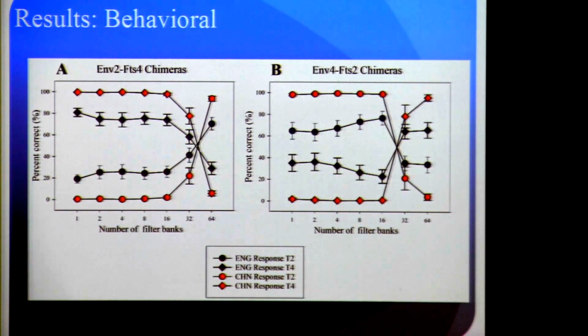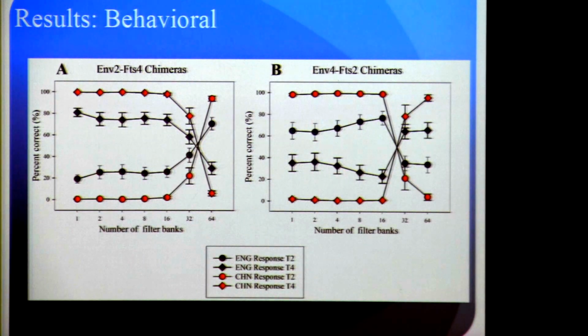Regarding the language background factor, there was a significant difference between the Chinese and the American participants. And you can see that if we look across both sets of chimeras. Our Chinese participants are shown in red. Up until about 16 filter banks, they answered 100% of the time, either that's E2 or that's E4. Our American participants, shown in blue here, were more indecisive.